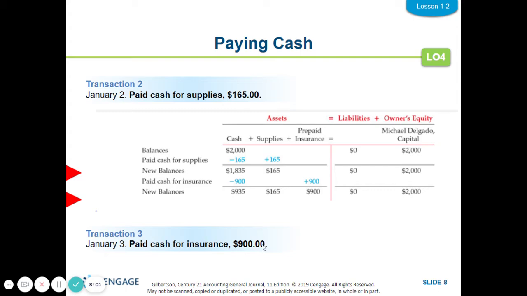So he's paid for January, February, and March. At the end of January, he's still going to have $600 in that prepaid insurance. We'll talk later on, several chapters from now, on how you take that out of there. But until you do, that insurance is an asset to your business. So now you add these three together, they still equal 2,000, and we still have 2,000 over here. So our equation, assets equals liabilities plus owner's equity, is still in balance.